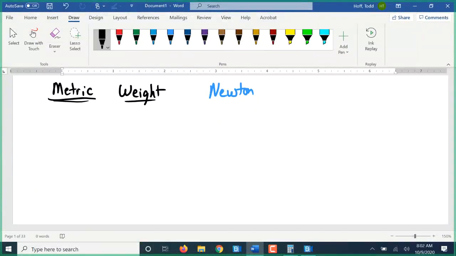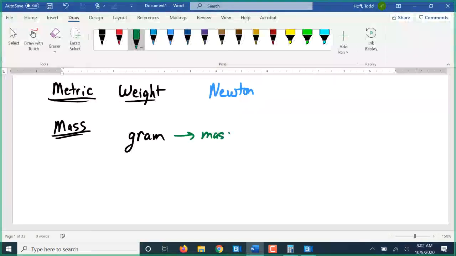We tend to focus in the metric system on mass. The unit of mass they use is a gram. A gram was defined, we talked about how they planned this out. It is the mass of 1 milliliter of water.